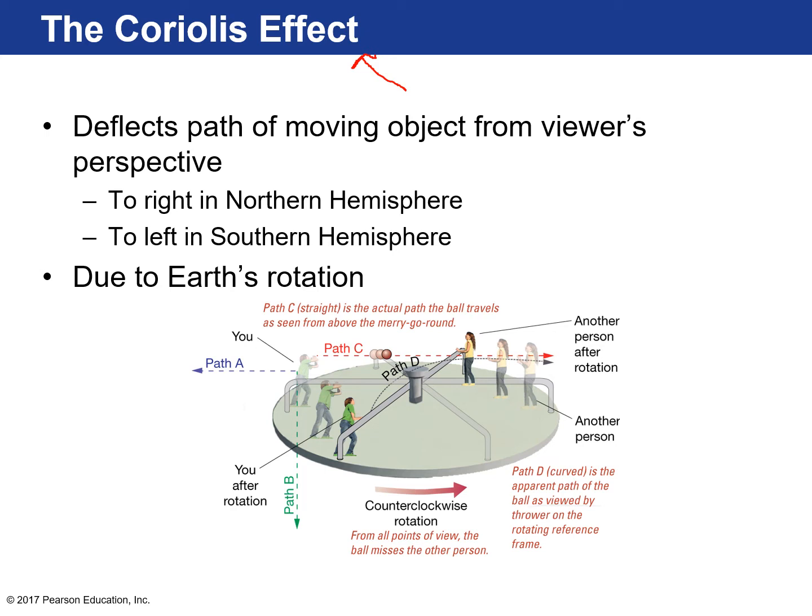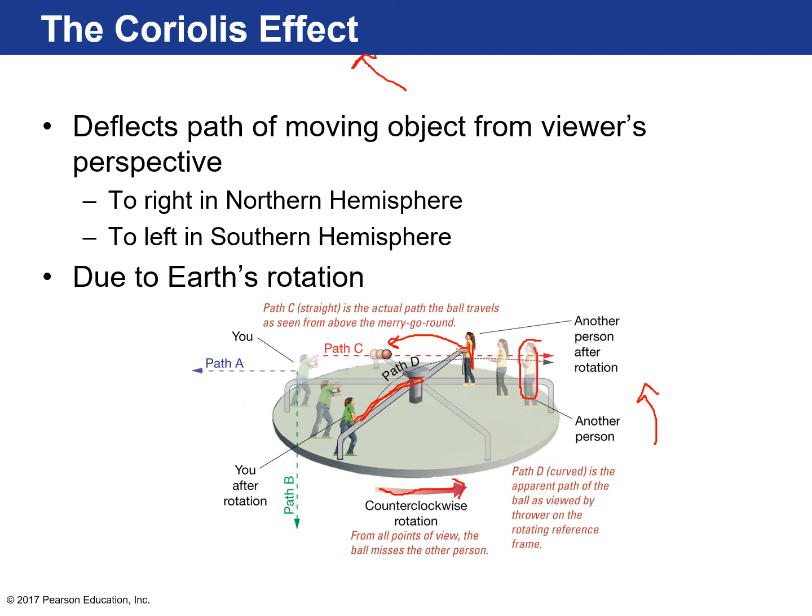Imagine you're spinning on one of these playground carousels, and you're trying to throw a ball to your partner. As you're spinning in a counterclockwise direction, like what the Earth is doing, you throw the ball, but you're throwing it to where your partner was because they're rotating away from that direction. So the ball will careen off in a direction where your partner was.